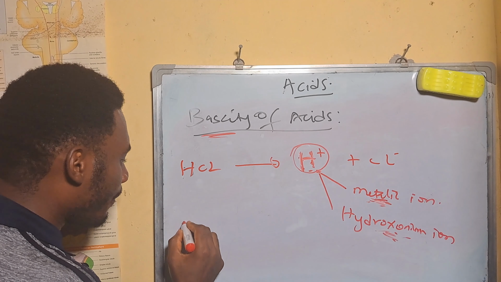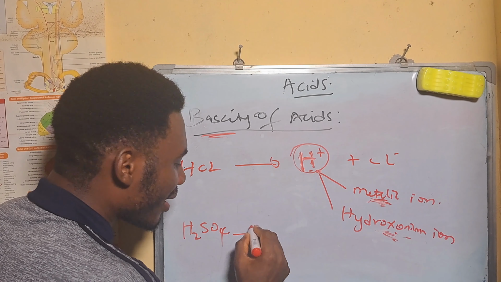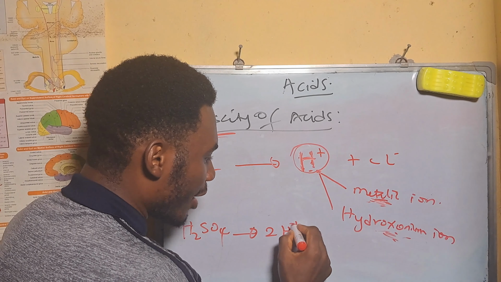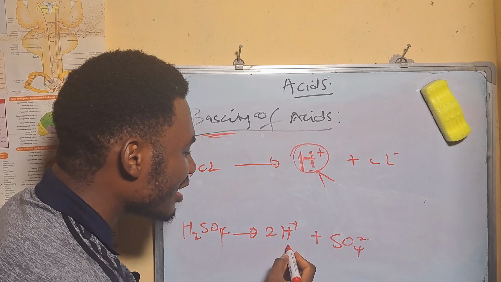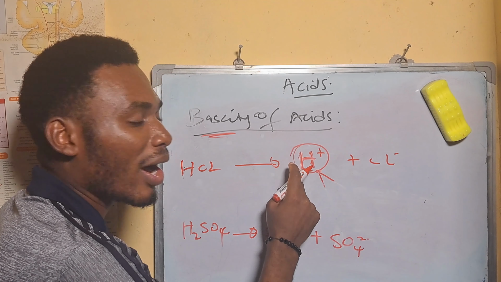But for example, in H2SO4, once it ionizes, it's going to form hydrogen ion plus SO4 2 minus. So when H2SO4 ionizes, this is the ionization. If you check the replaceable hydrogen ions here, you're going to see that it is 2. It is not 1 here.